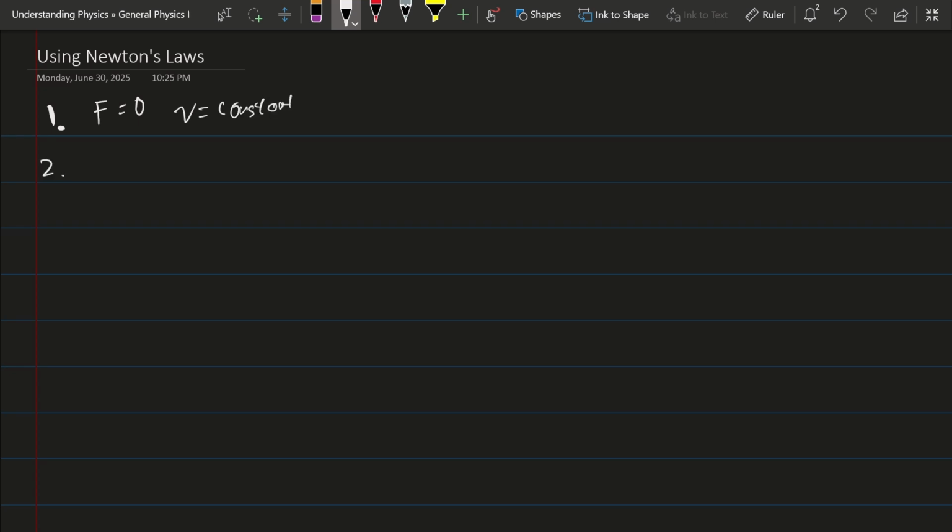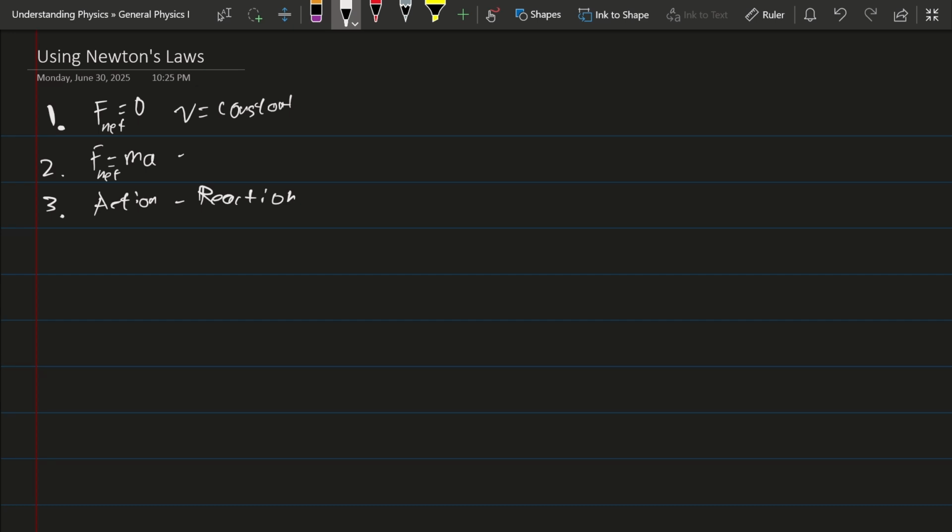Second, if the net force has a value, the net force will be equal to ma. And lastly, every action has a reaction. So those are the three laws that we're going to use in understanding physics.